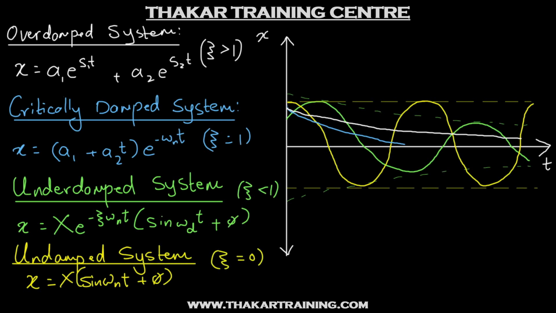Now what is found out experimentally is that the critically damped system, that is zeta equal to 1, reaches the equilibrium position the fastest or in the shortest possible time.